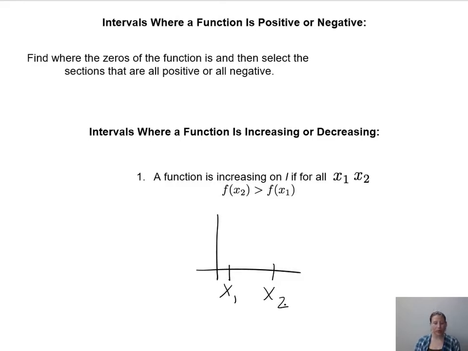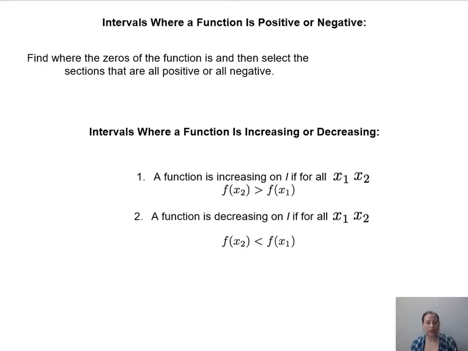If we plug those points in, we get y values, f of x2 and f of x1. Then f of x2 needs to be bigger than f of x1. So the y value needs to be bigger than the y value for x1. As we get bigger x, we get bigger y. That makes sense, right? As we increase, we have to increase along the y as well. That's increasing.